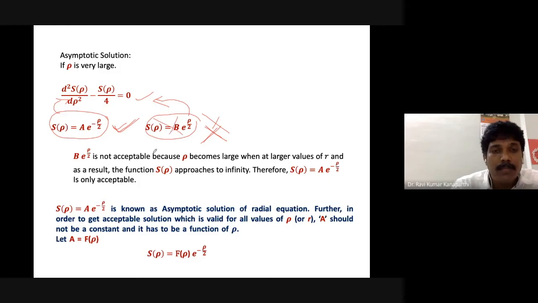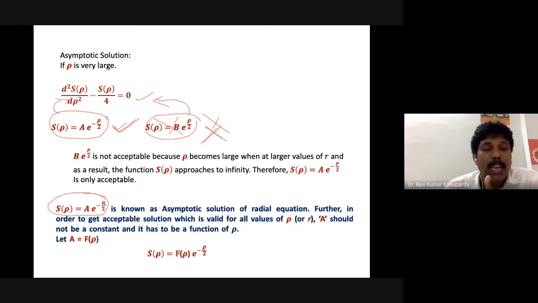Now, we got the solution, but it is only valid and applicable at the asymptotic region, that is, very large radial distances. But we have to have a unified solution that is valid everywhere.